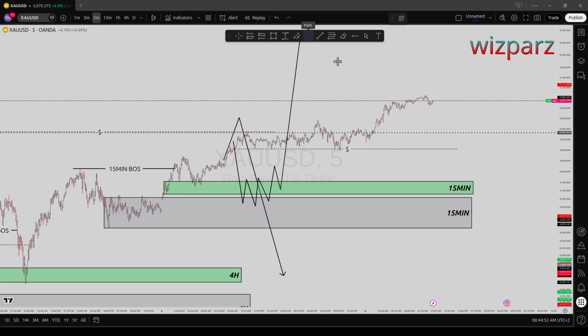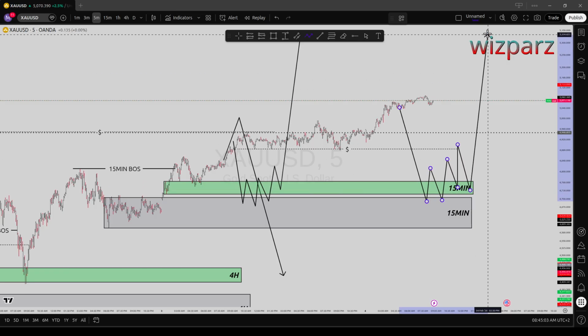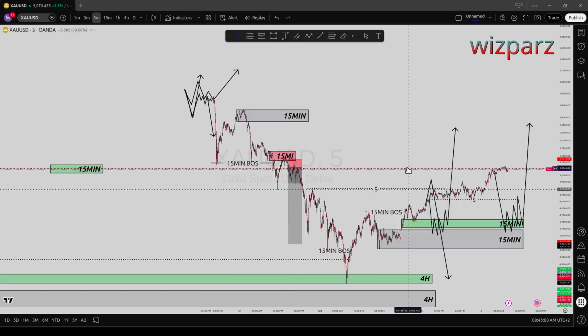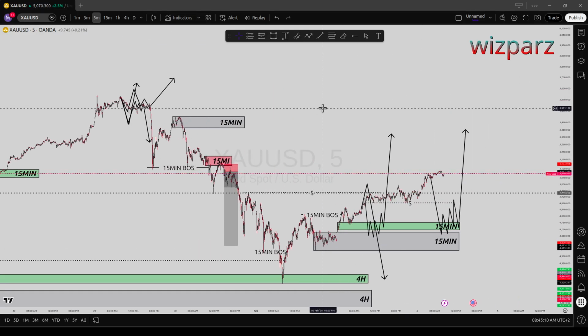So wait for price to align on our time frame. If we see price come back to this demand area or major zone and give us 1-minute change of character, we are going to look for long opportunity, targeting price to continue pushing up higher.